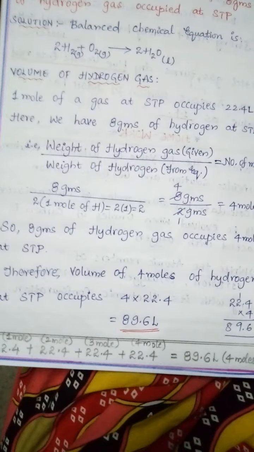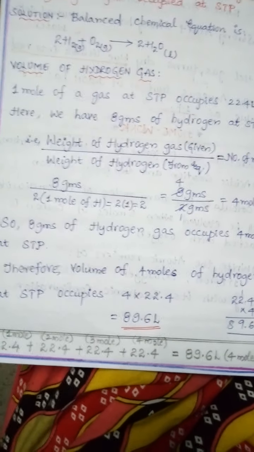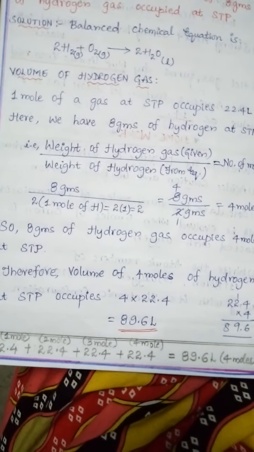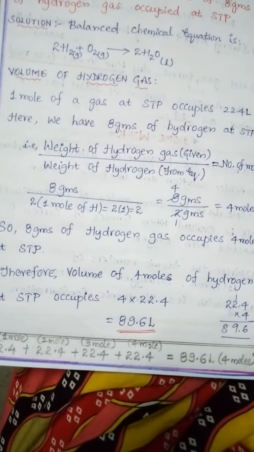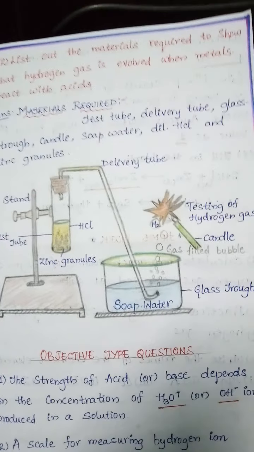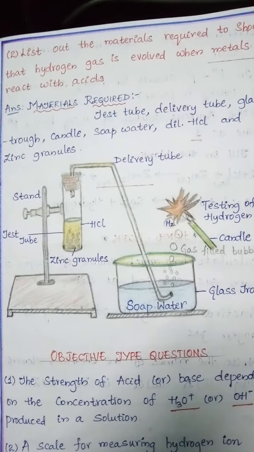Similarly, 4 moles of a gas at STP occupies 4 into 22.4, that is equal to 89.6 liters.